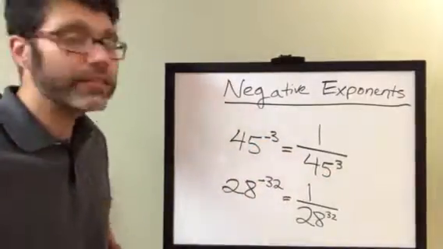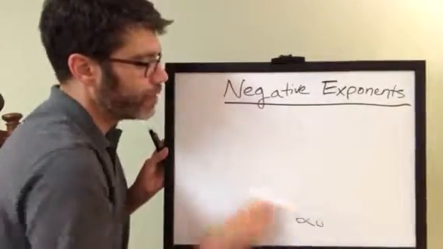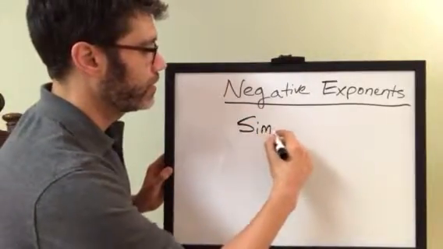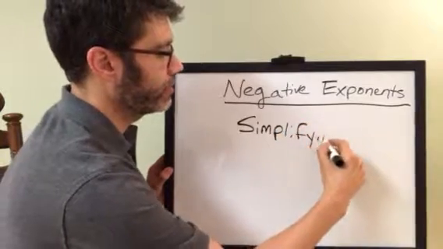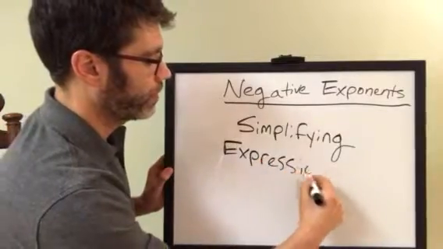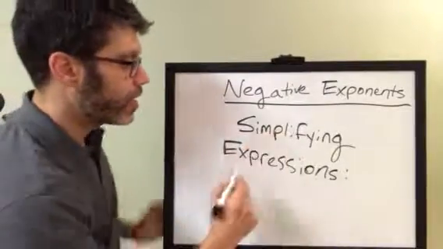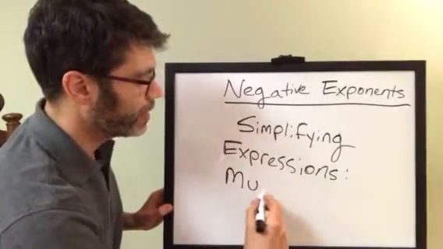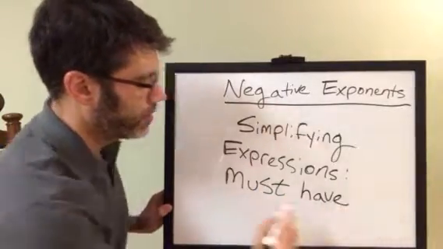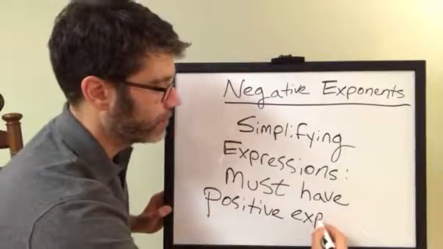Now this is important. This skill is important because when we are simplifying expressions, the final form of our simplified expression must have positive exponents in the end.